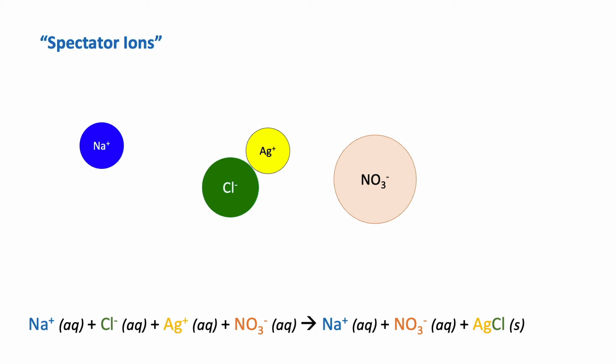Did it contribute to the outcome? Probably not. Don't think that spectators really have that much effect on the final outcome. So again, the sodium and the nitrate here, they might interact with the other ions, but nothing permanent is going to come of it. So that's what a spectator ion is. The spectator ions tend to be the ones that are very happy to stay in solution. So those are often going to be your smiley face, or at least your straight face ions.